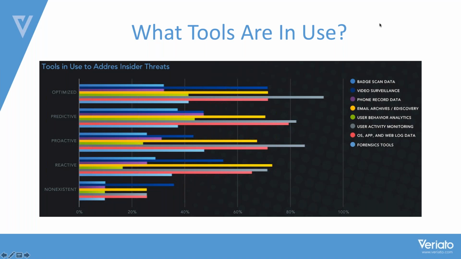Then organizations started doing more and more commerce, and the ability to store massive amounts of data became more and more trivial, so they started finding a use for user activity monitoring. Then as organizations grew, the scope grew, and protecting from insider threats using activity monitoring alone didn't scale well. So this is where the notion of user behavior analytics has come in to solve that problem, and it actually solves several problems.